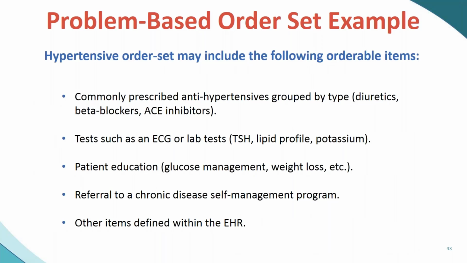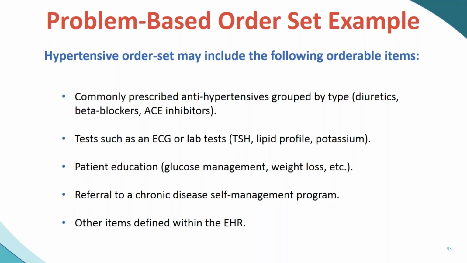So, a real-world example of a hypertensive order set. Maybe you've got a section within your order set that are the commonly prescribed meds. A lot of order sets will allow you to even do groups within a group, or subgroups, so that you'll have a medication group, and within that you might have the group of diuretics that you could click on and expand, or beta blockers, ACE inhibitors, whatever.